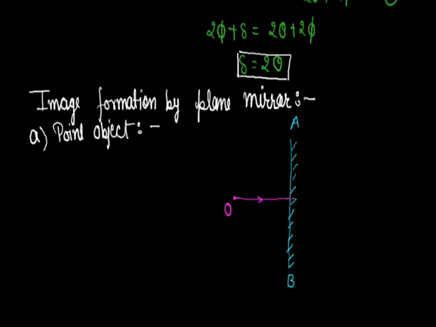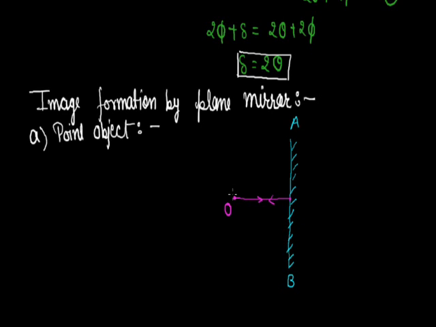If we draw a normal at this point, it will be this same line. So here the angle of incidence will be 0. And since the angle of incidence is 0, from the laws of reflection the angle of reflection will also be 0. So the light will reflect in the same direction by retracing its path. So we get one reflected light.